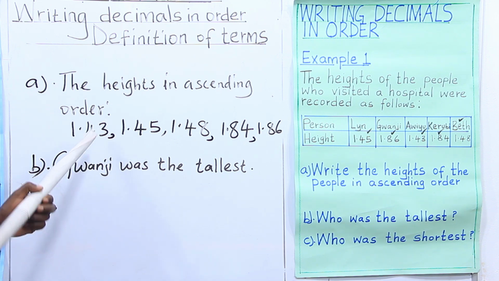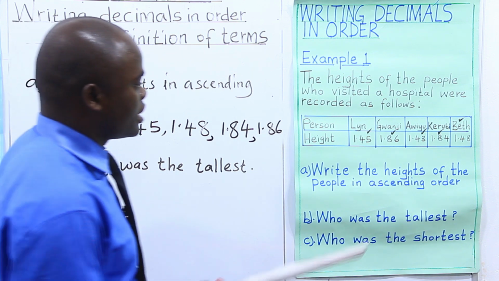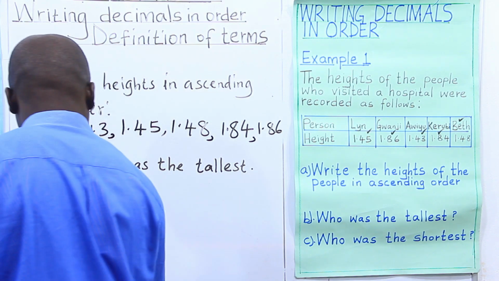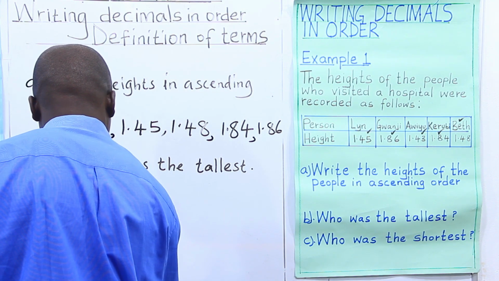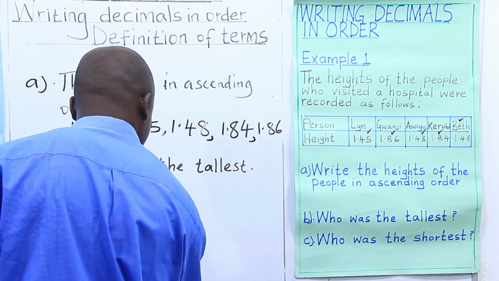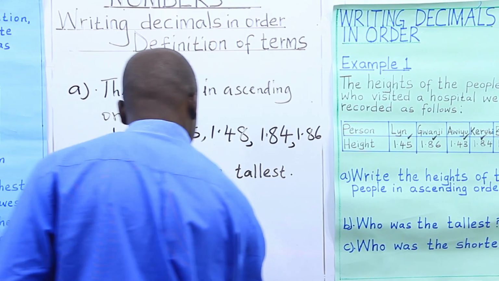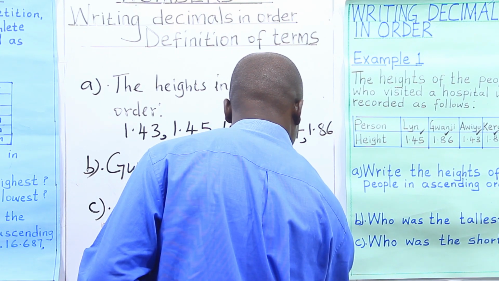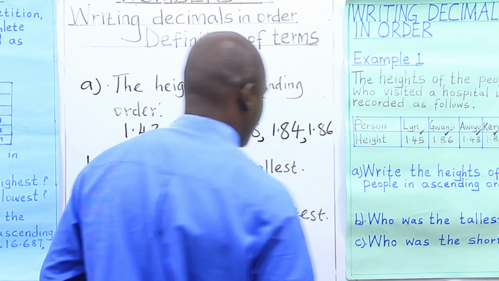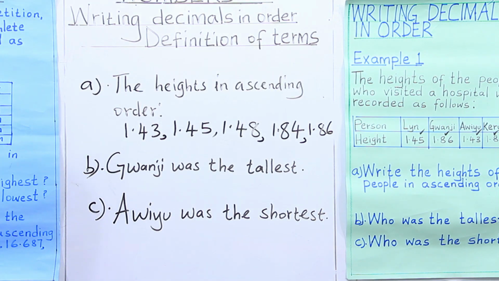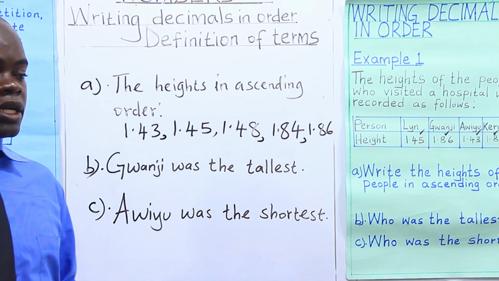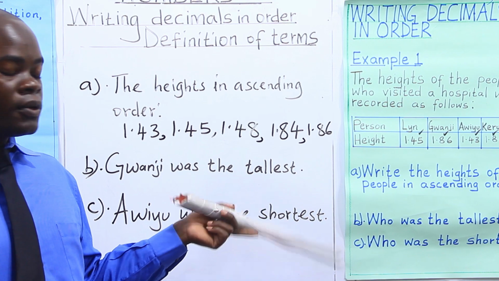So you can tell us that the shortest person had the height of 1.43, and that was who? Awiyu. So you simply write Awiyu was the shortest.